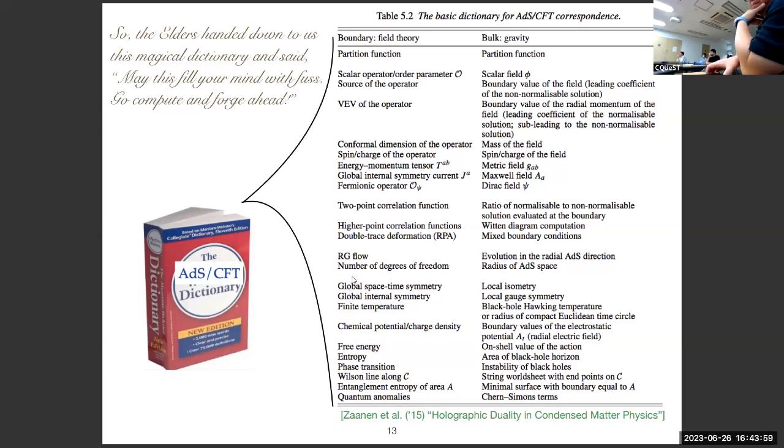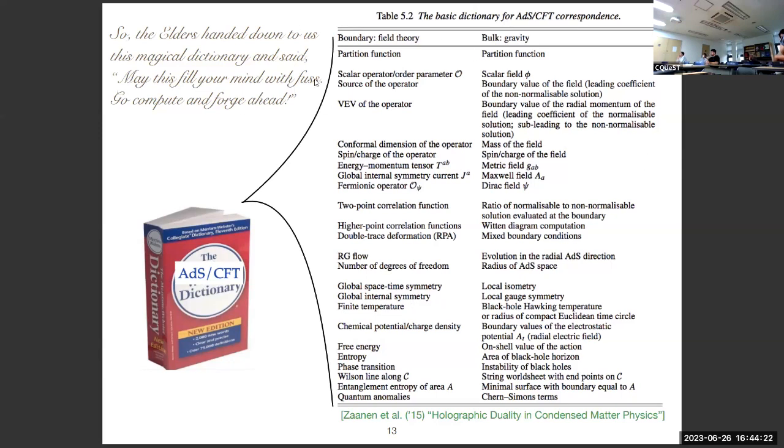So any global space-time symmetry is dual to a local isometry, for example, and global internal symmetry is turned into local gauge symmetry. For example, if you had global U(1) symmetry on the boundary, then you would have some gauge field on the gravitational side.